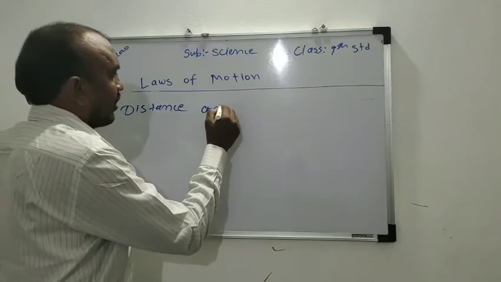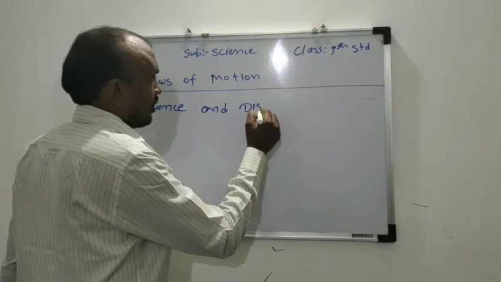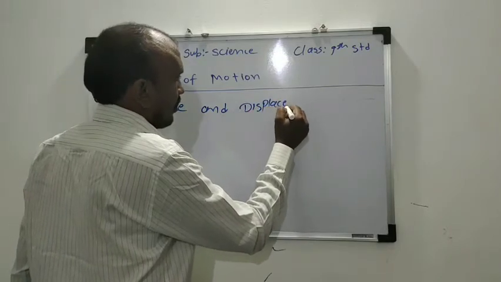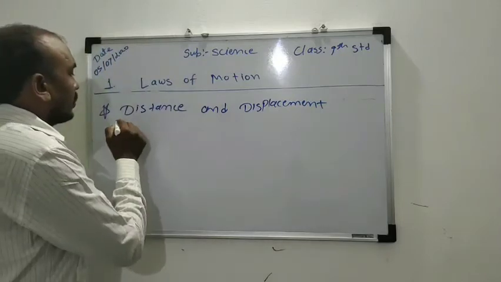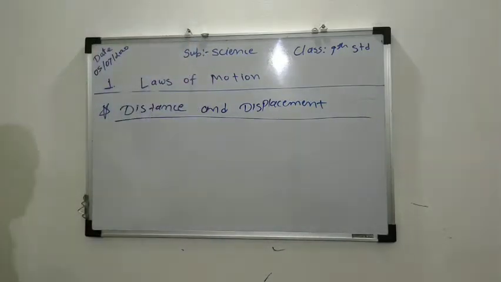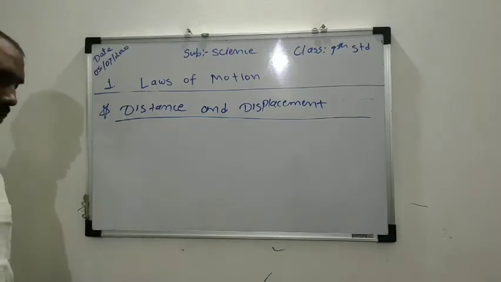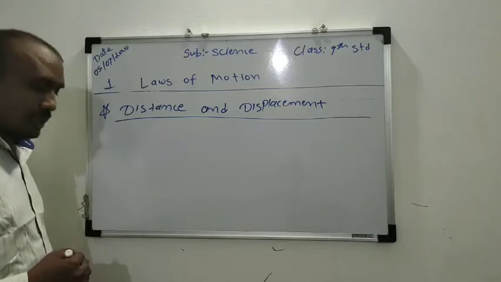Distance and displacement, so there are two terms. If you study them comparatively, it is easy to understand the concept. So what is meant by distance and what is meant by displacement?